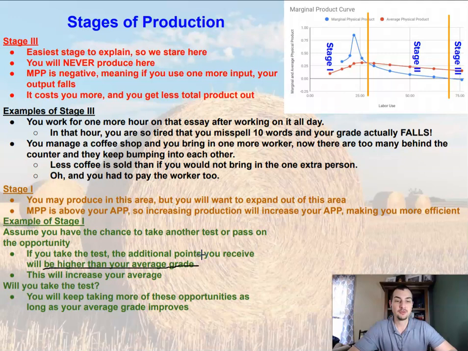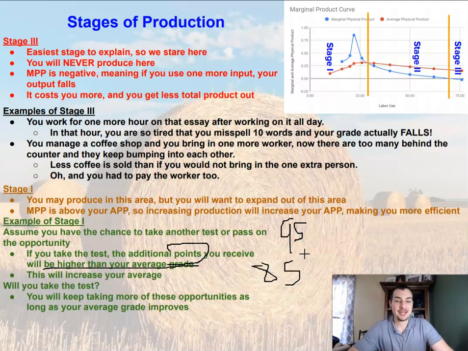So if you go ahead and take that final, or that midterm, that optional test, the additional points that you would receive, those marginal points, would actually be higher than your average test grade. So let's say you take that test and you make a 95 on it, but your average was 85.